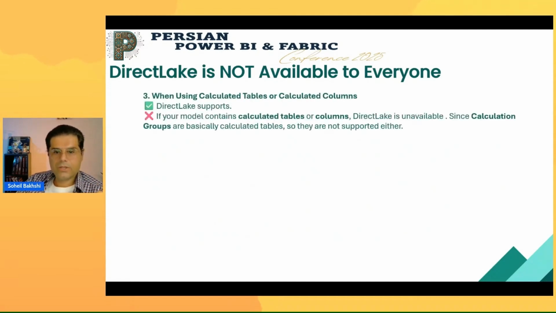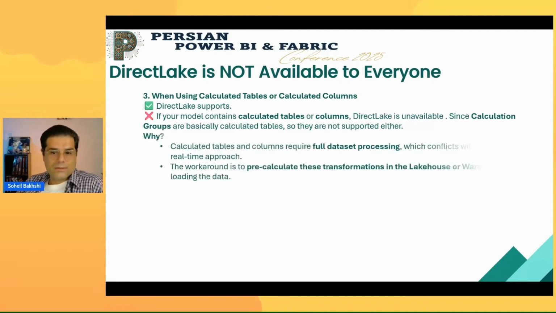in OneLake either. When using calculated tables or calculated columns, unfortunately, DirectLake only supports measures, and it does not support calculated columns or calculated tables. So automatically, calculation groups are out of the game, right?